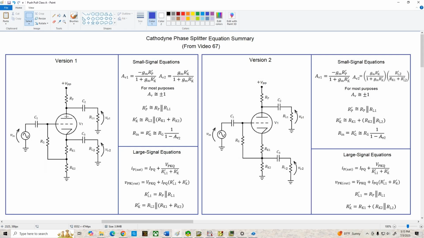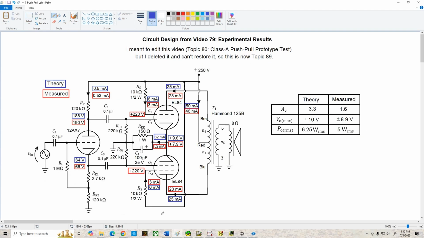In our example, we used version 1. And let me come back to our schematic. You can see here, this circuit has a gain of approximately 1 on each output terminal, plus or minus 1. So we're just going to estimate the gain of the phase splitter as being 1.